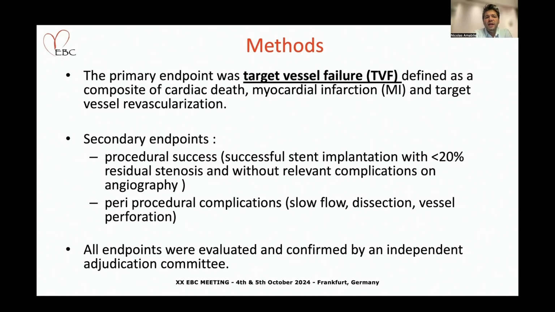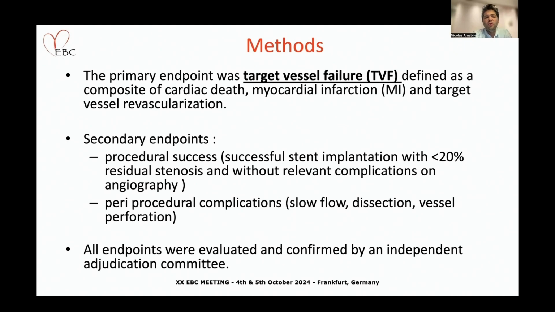The primary endpoint of our study was the incidence of target vessel failure that was defined as a composite of cardiac death, MI, and target vessel revascularizations. The secondary endpoints included the procedural success, defined as a successful stent implantation with less than 20% of residual stenosis and without relevant complications on angio.